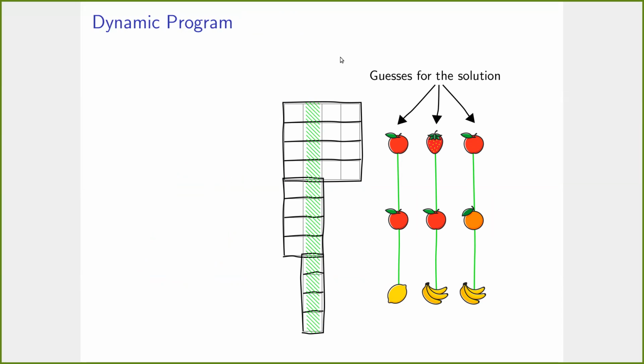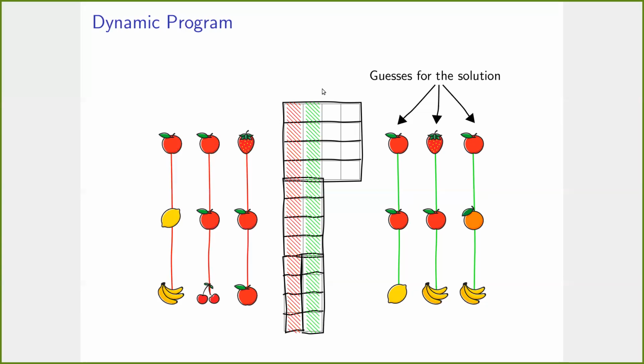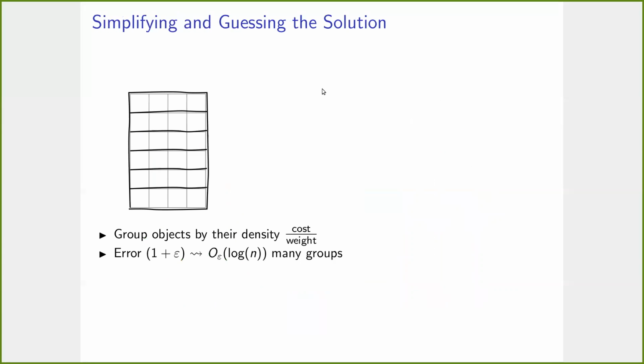And as a starting point, let's just look at one of the blocks. If we want to be able to guess it for everything, we should at least have some kind of guessing procedure for one of these blocks. And this block could look something like this.